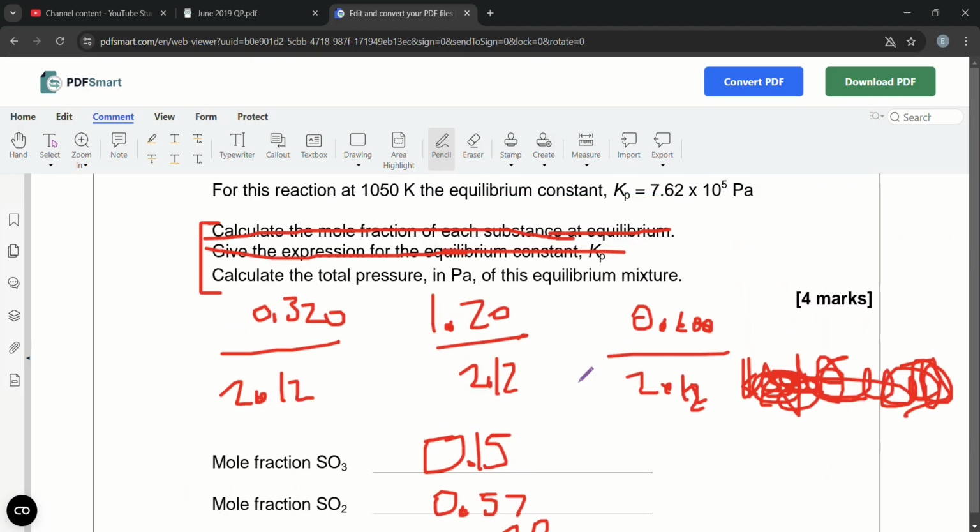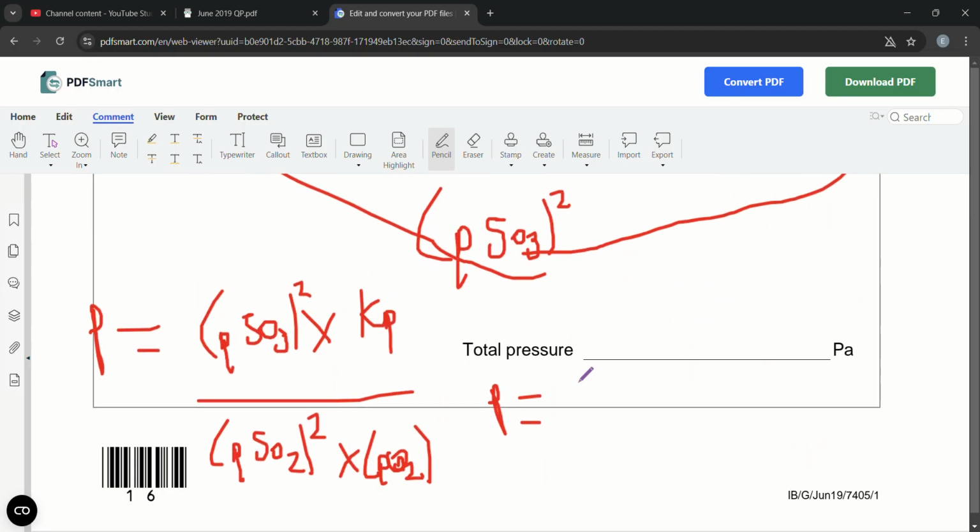What's SO3? 0.15, over 0.57 squared times 0.28, and we get 1.88 times 10 to the power of 5 pascals.